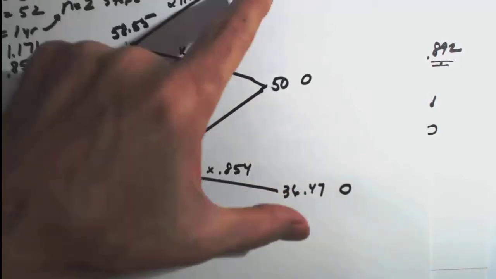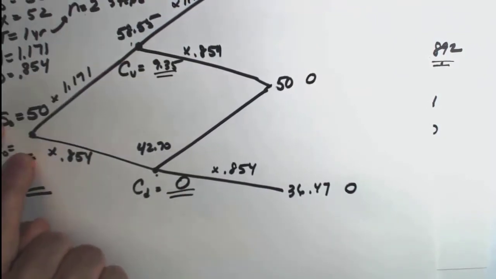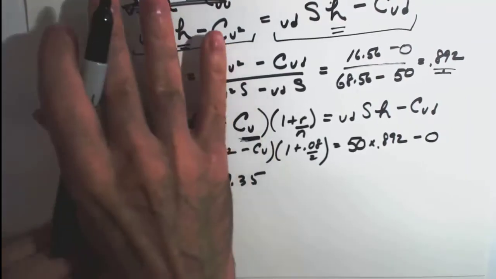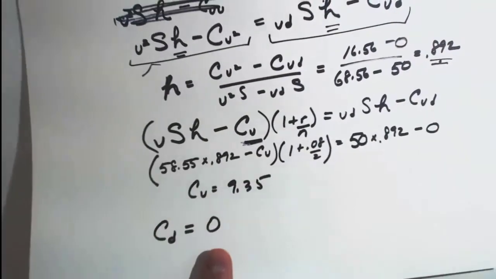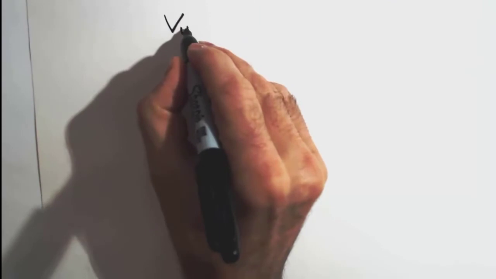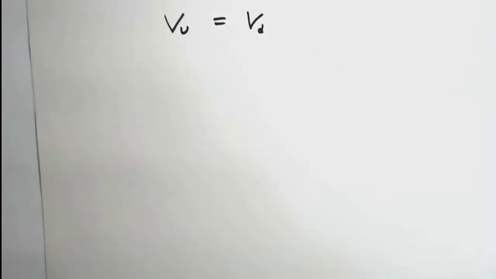Now we're going to repeat the same process I just did and bring these back to figure out the call at time 0. So I'm doing the same process. We're going to look at the value of the portfolio on the upside has to equal the value of the portfolio on the downside.